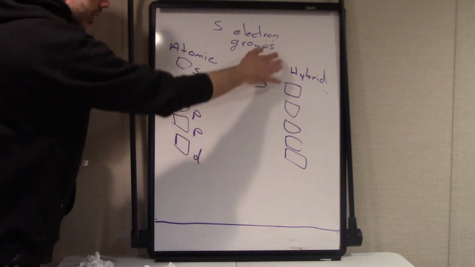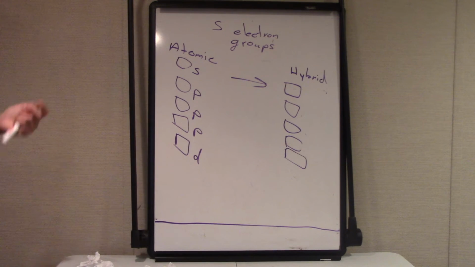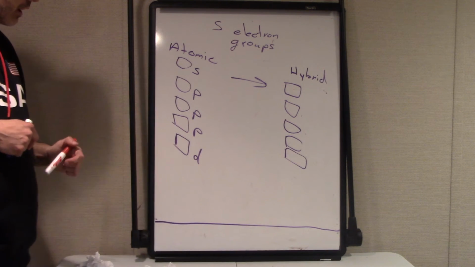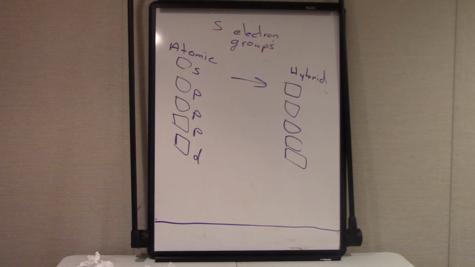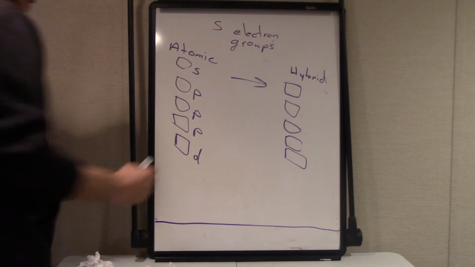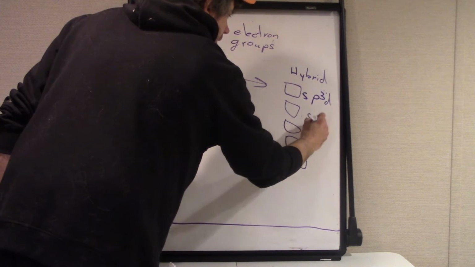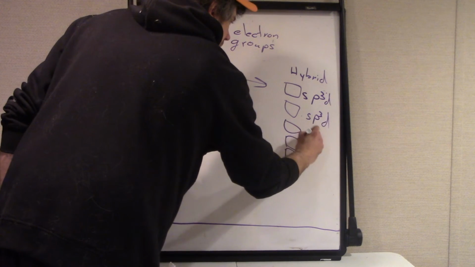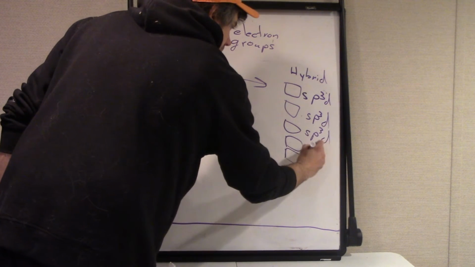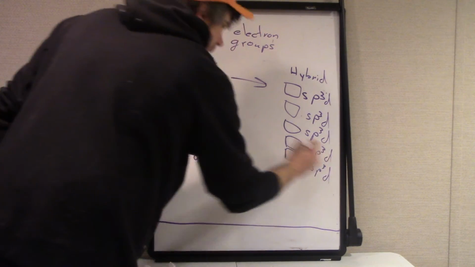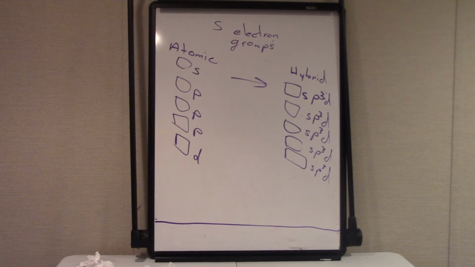The third guideline is the identity of the hybrid orbitals. They're going to look like whatever atomic orbitals you use to create them. In this case, it's an averaging of an s, 3 p's, and 1 d. So we get our sp3d hybrid orbitals in here.